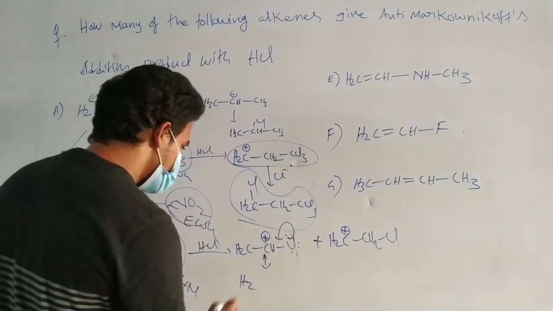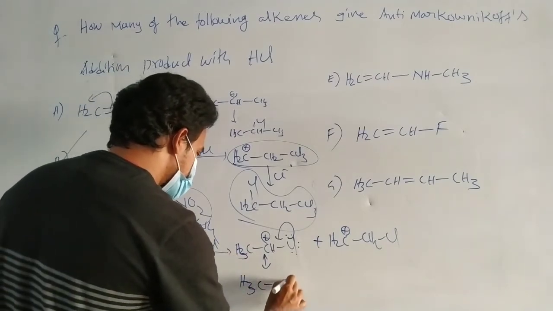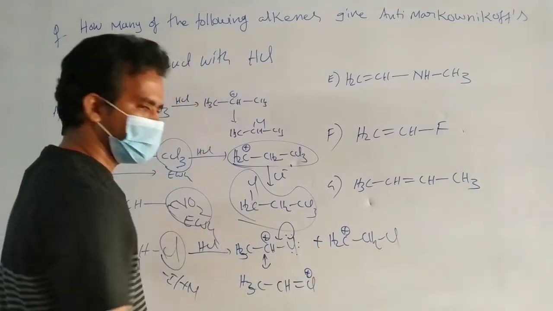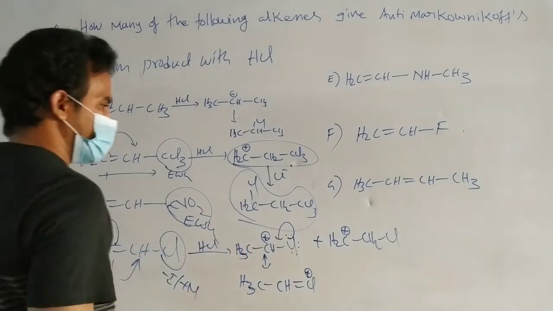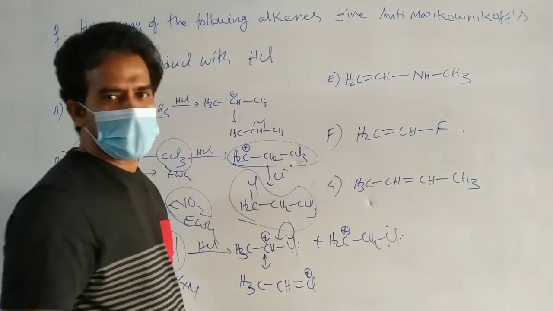This cation is stabilized by resonance, that is, the plus M effect of the chlorine atom. So this cation is the most important; in the other case there is no plus M effect with the positively charged carbon.